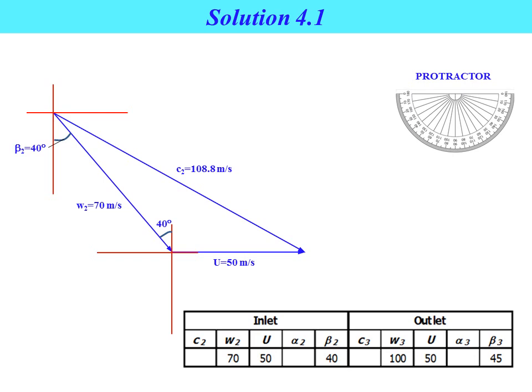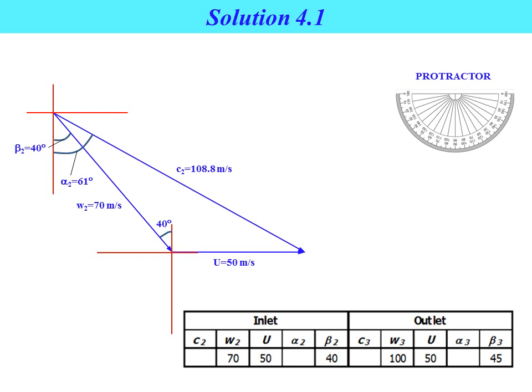Take a ruler and measure, and then convert by using the given scale. You will get the absolute velocity C2 of around 108.8 meter per second. Take your protractor and measure the angle alpha 2, and you will get around 61 degree, the absolute angle at the inlet.